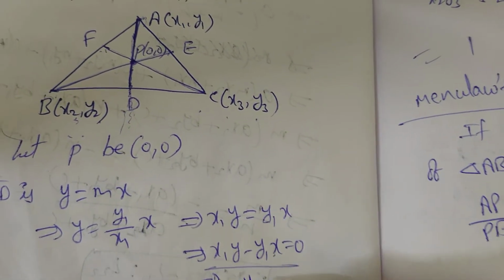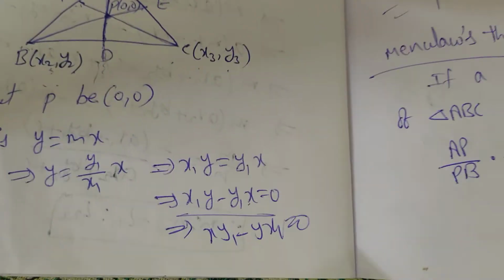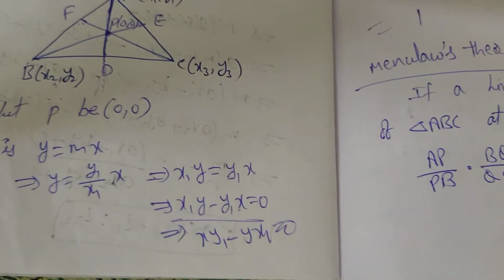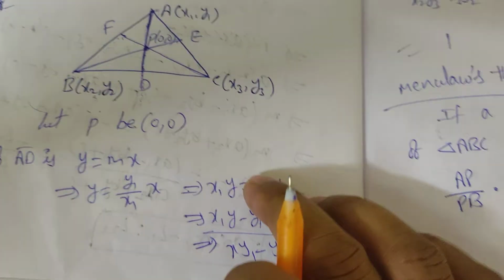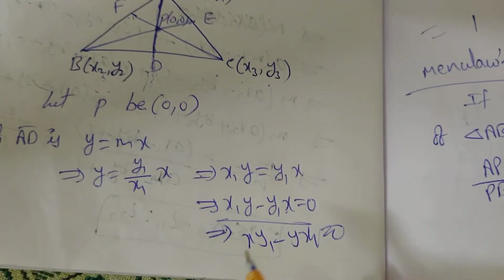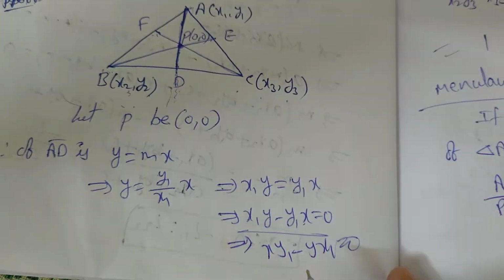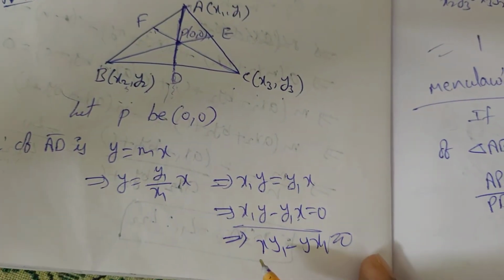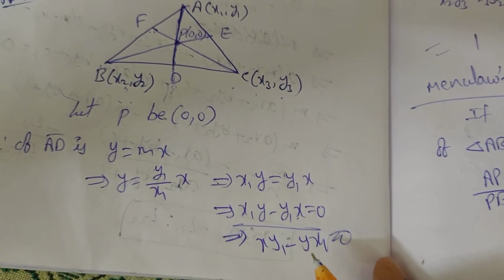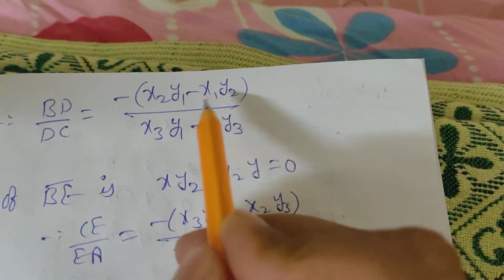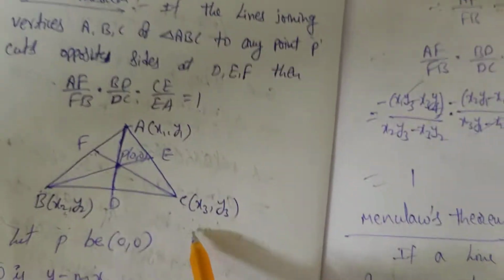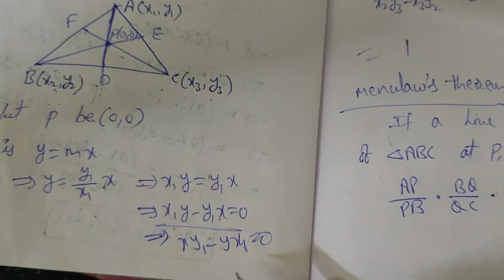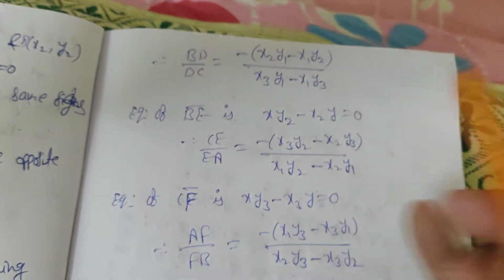So x y1 minus y x1 is equal to 0. If you take minus common and transfer this side, that is 0 only. So x y1 minus y x1. So minus L11 means minus, substituting x2 in the place of x and y2 in the place of y. That gives x2 y1 minus y2 x1, or x1 y2, no problem. Minus of x2 y1 minus x1 y2, by, substitute C in this equation: in the place of x, x3, in the place of y, y3. That means x3 y1 minus x1 y3.